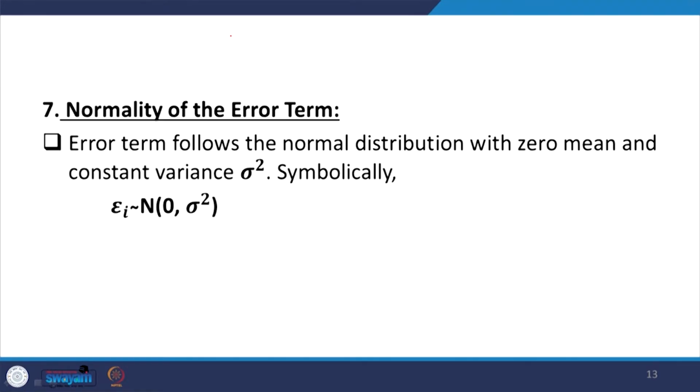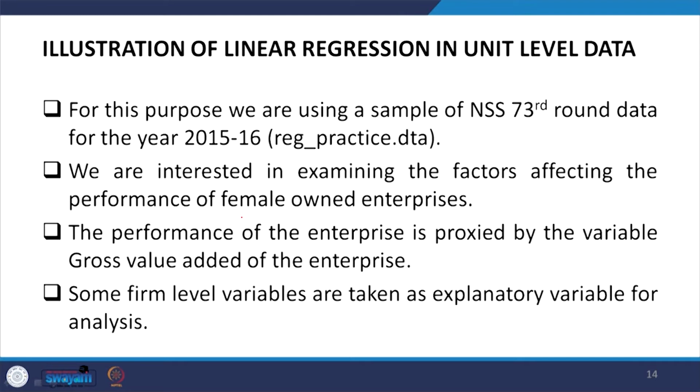So, that again validates when both are followed. That means we will be following a normal error distribution, explained as epsilon i follows normality with 0 mean and variance sigma square.